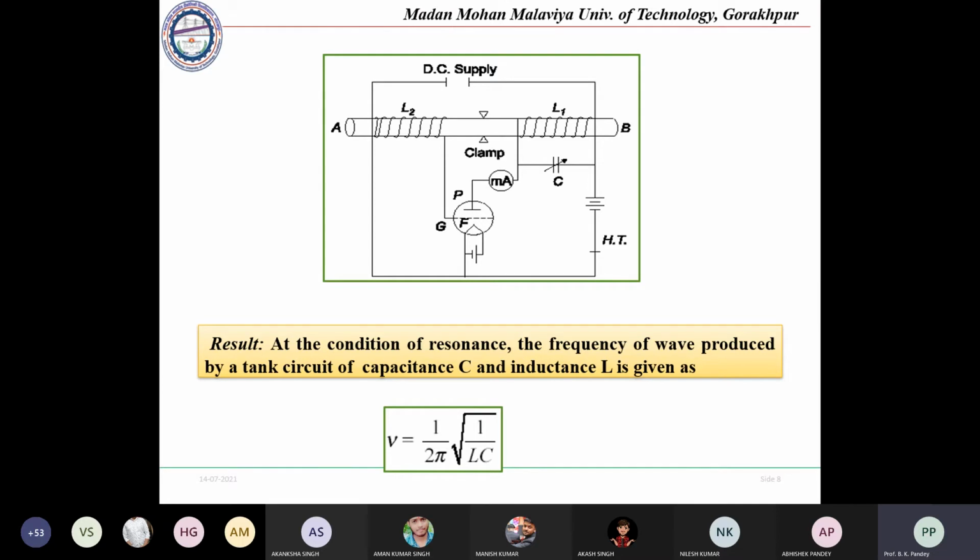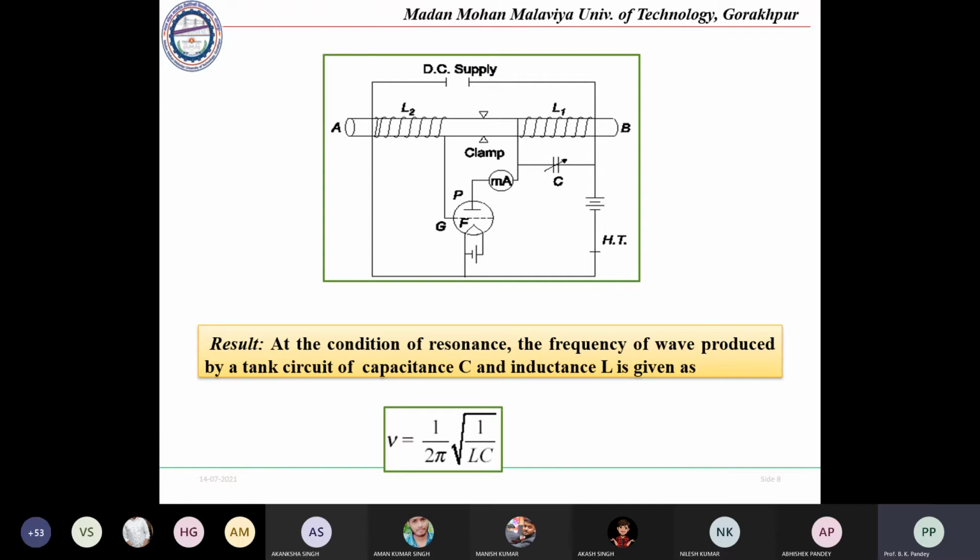And due to that, since current is flowing in this coil, a magnetic field is produced around this coil. And due to that, this rod feels the magnetostriction. There is compression and there is a certain force on this rod on either side. Then AB lengthwise will start to vibrate.